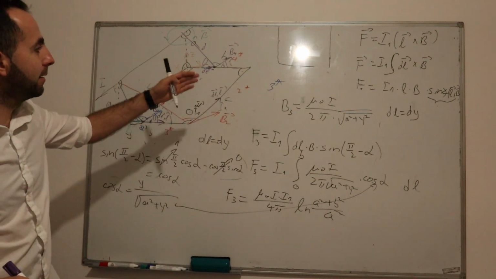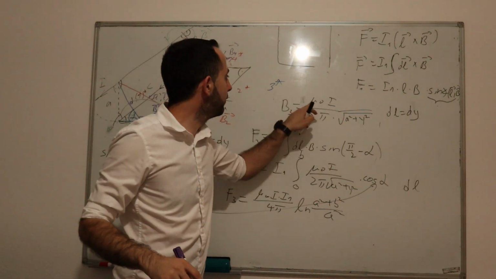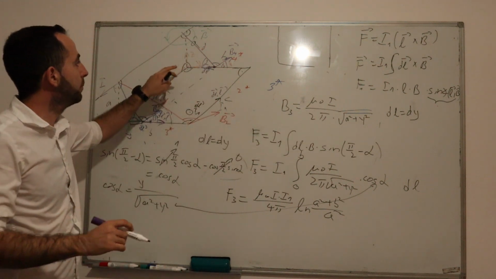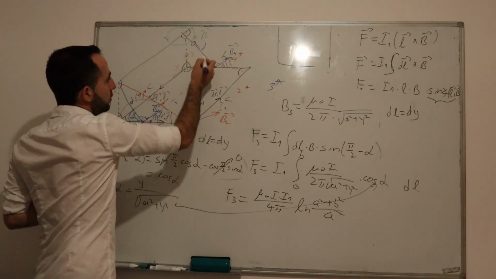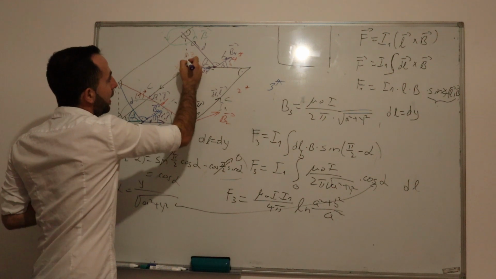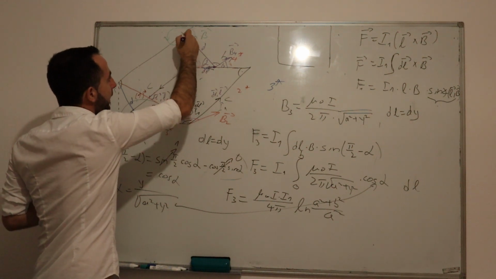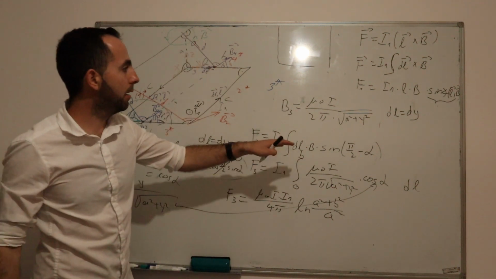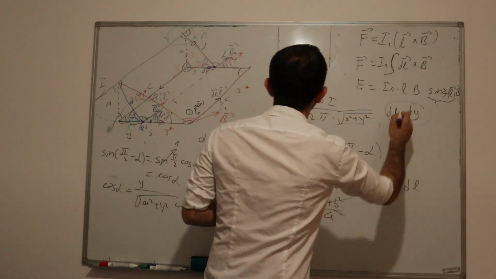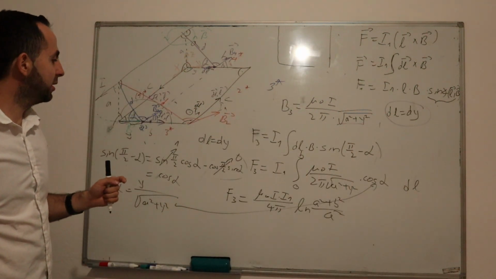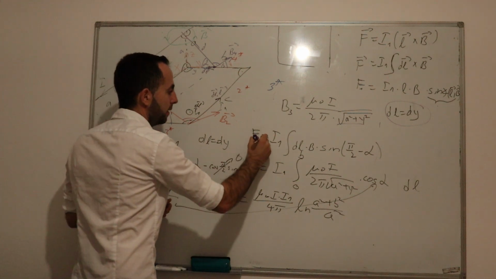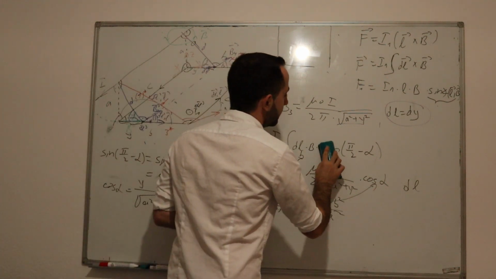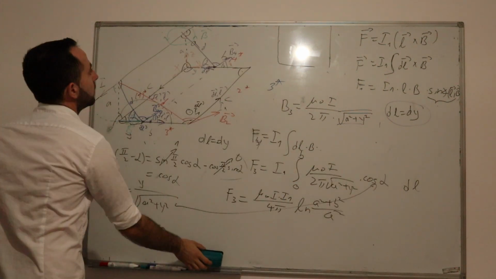It will have exactly the same formula. So B4 is mu0 I over 2 pi, and the distance is, once again, we have y. This is the a side. So we will have the same thing. dl is dy. But what changes? Only the angle in F4.